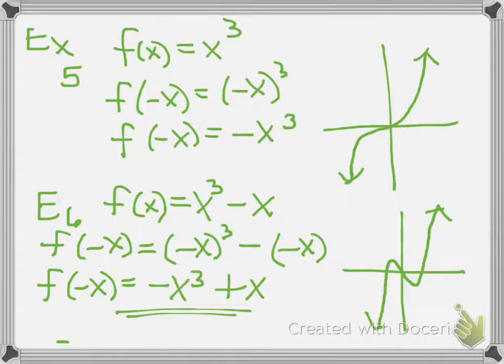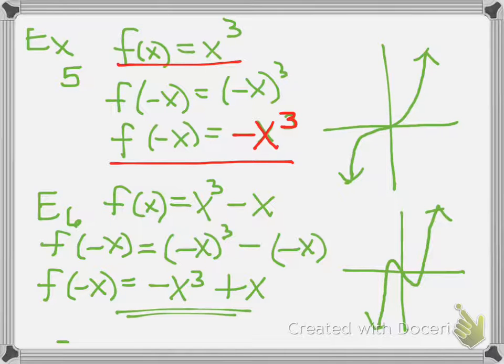Here, x cubed is one of the parent graphs of an odd function. If you plug in a negative x and solve it, negative times negative times negative is still a negative x cubed. Compared to what you started with, this is the opposite. See, the sign is opposite. This is a positive sign, and this one's a negative sign.